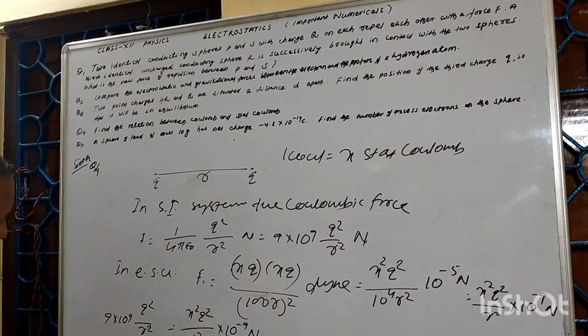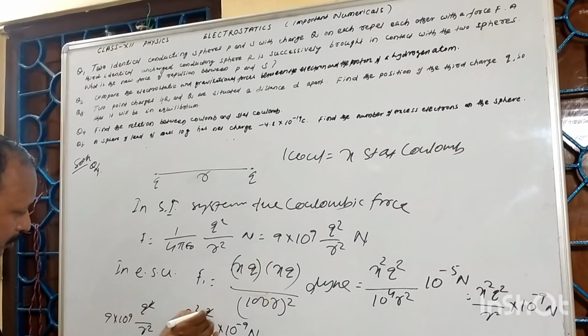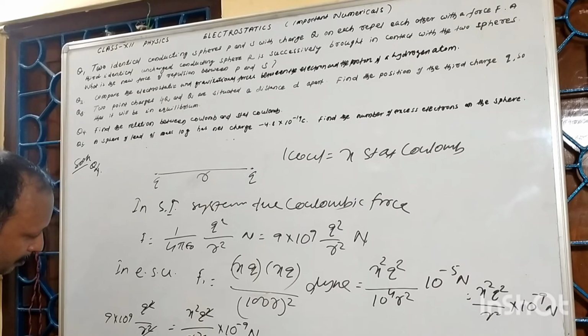In this case, q square cancels, r square cancels. What is left here? x square is equal to 9 into 10 to the power 9 divided by 10 to the power minus 9.